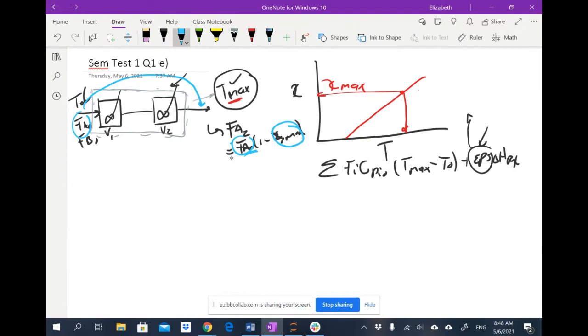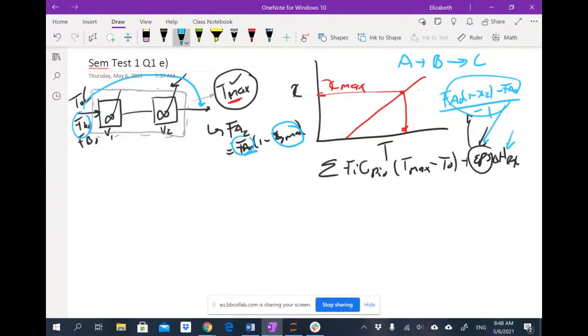So I can then rewrite my epsilon in terms of that parameter. That is going to be FA naught 1 minus X2 minus FA naught, divided by the stoichiometric number of A in that reactor, which is minus 1. So I've got that in there.